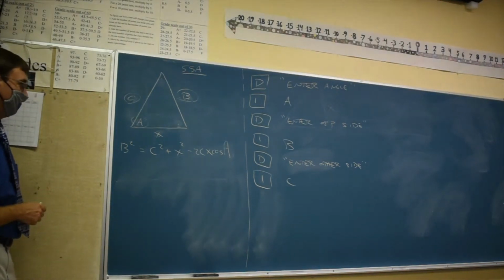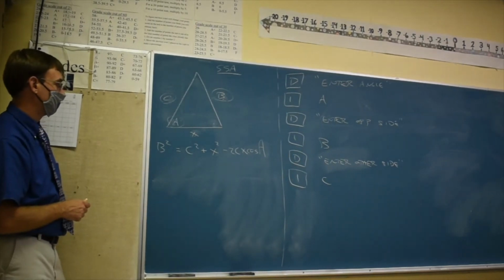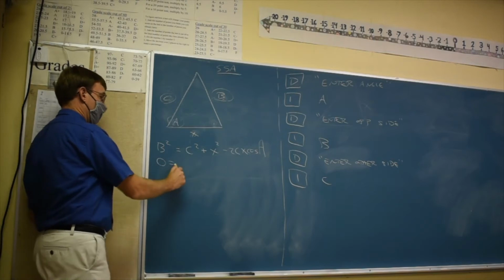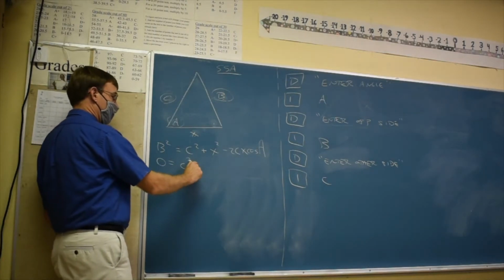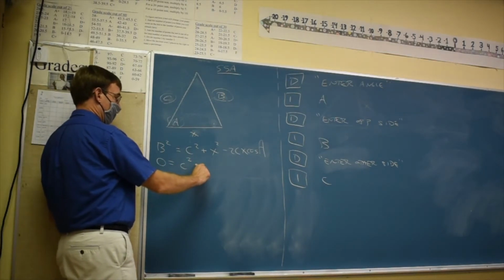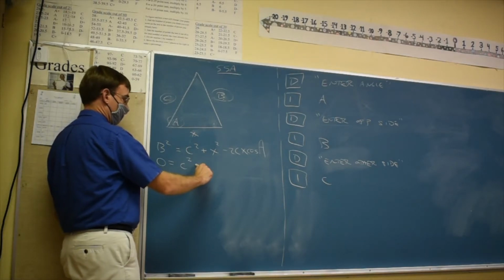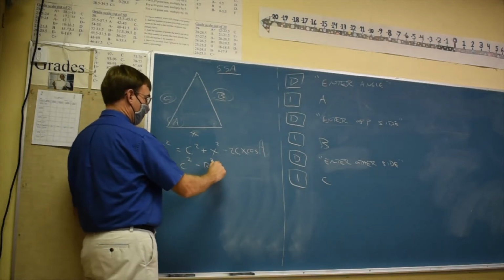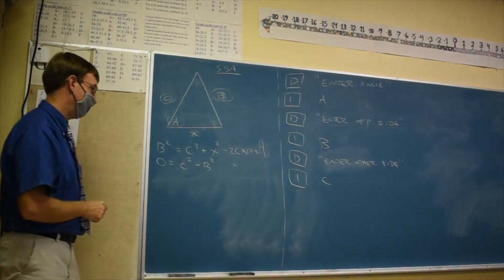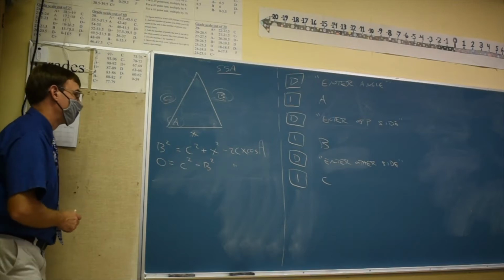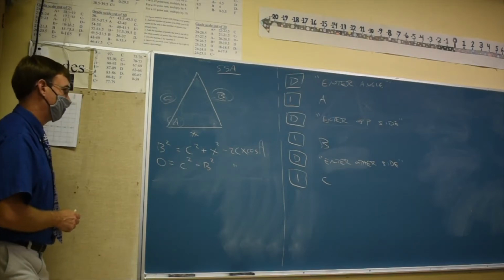How are we going to solve that for X? Get it to equal 0. So we have C squared plus X squared minus B squared, minus the B squared, and still all the rest of that same stuff. And then how are we going to solve that for X?